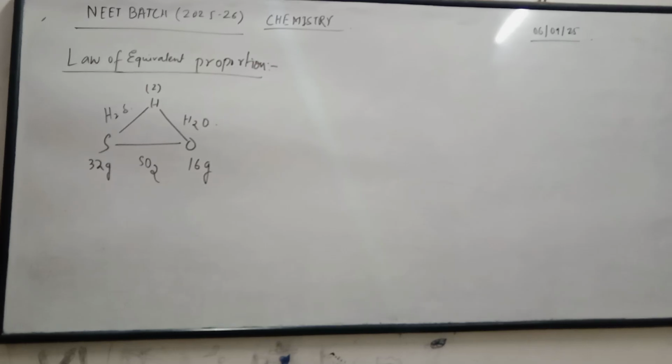So in order to calculate the ratio, it is 32:32, if I can say. Here also 32 gram sulfur combines with oxygen to form sulfur dioxide. Yes or no?